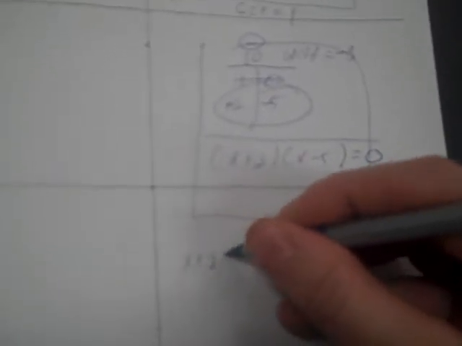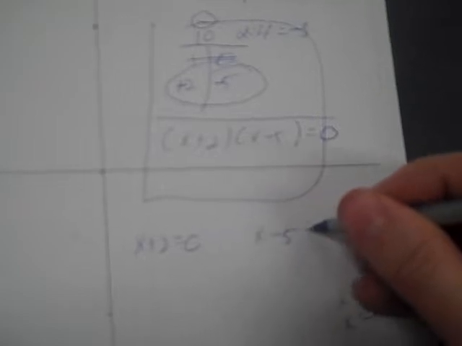So A is 1, so it's x plus 2, x minus 5. And I can get my two answers, okay? So x plus 2 could equal 0, or x minus 5 could equal 0. So I subtract 2, and that's negative 2. I add 5, and that's 5.